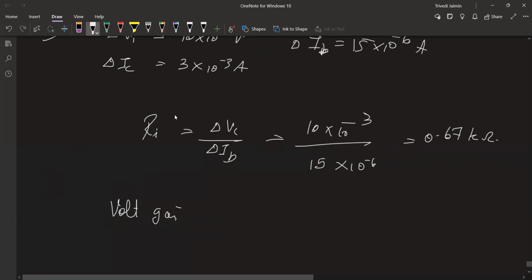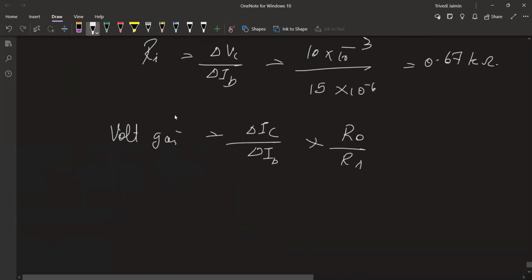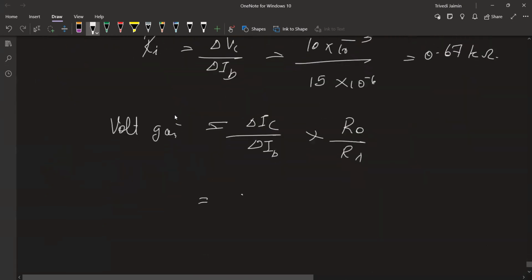Voltage gain is delta IC by delta IB into R naught by Ri. R naught or RL, load resistance. What was this value? 3 into 10 to power minus 3.